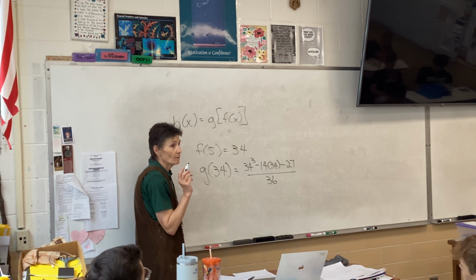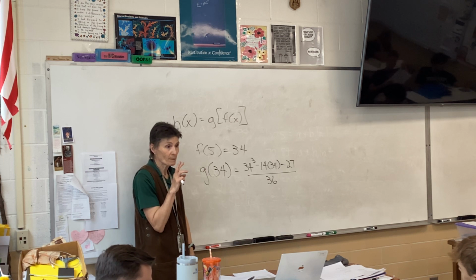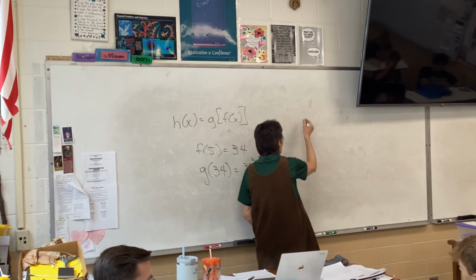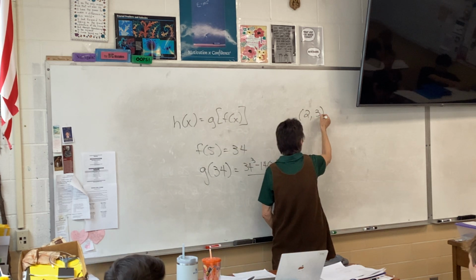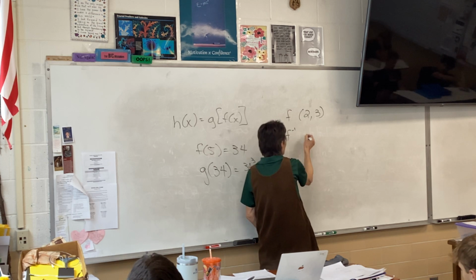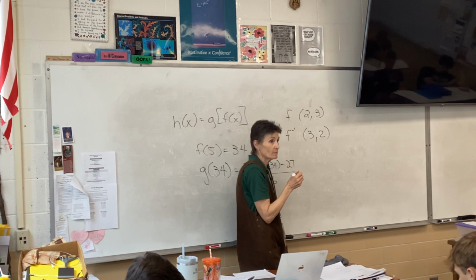Now, remember, what does it mean to be an inverse? It means your ordered pairs are switched. So in other words, the ordered pair (2, 3) on function f would be the ordered pair (3, 2) on the inverse, right?